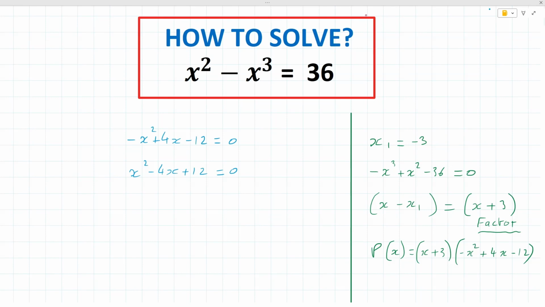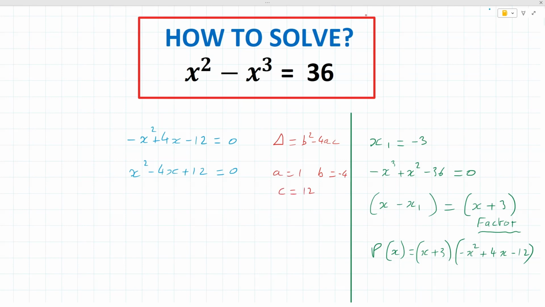And so if factorization doesn't work, probably a good idea to start looking at the discriminant delta, which is b squared minus 4ac, and try and use the quadratic formula. In this case, we have the a value, which is 1, the b value, which is negative 4, and the c value, which is 12.